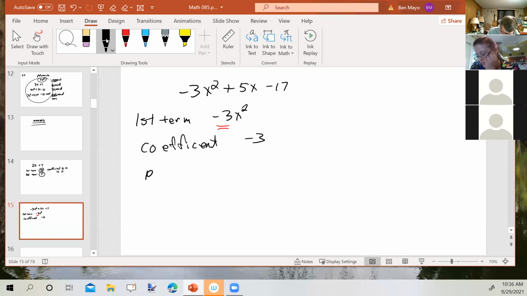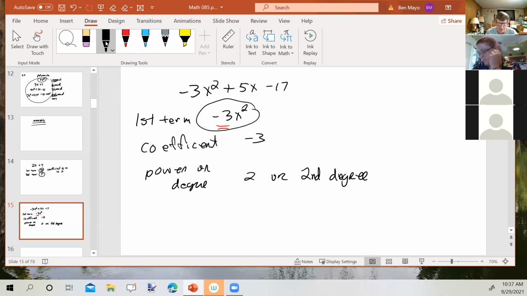The power or degree of this term is 2, or second degree. Okay, so this term has a coefficient of negative 3. It's a variable term, and the power or degree of the term is 2 or a second degree term.